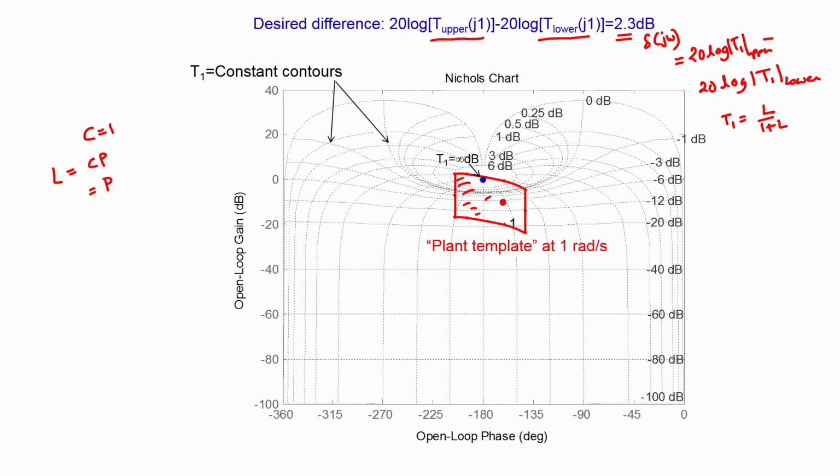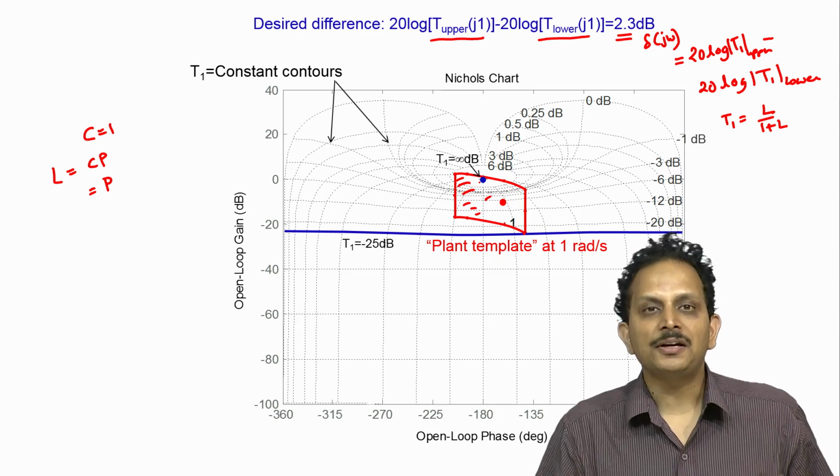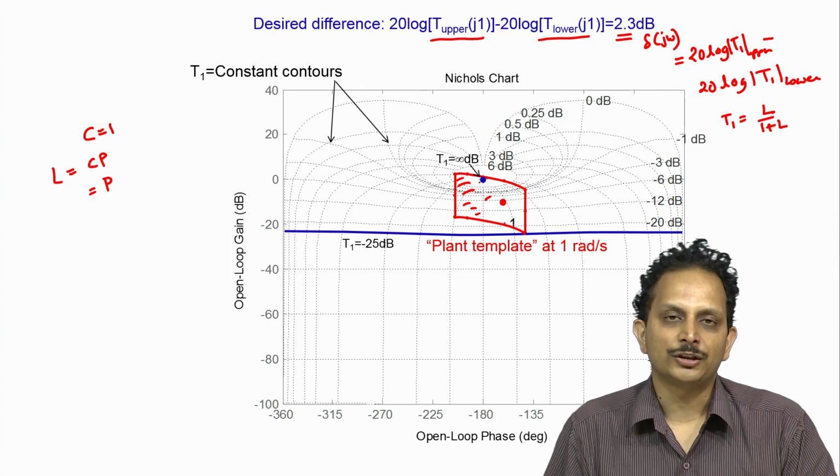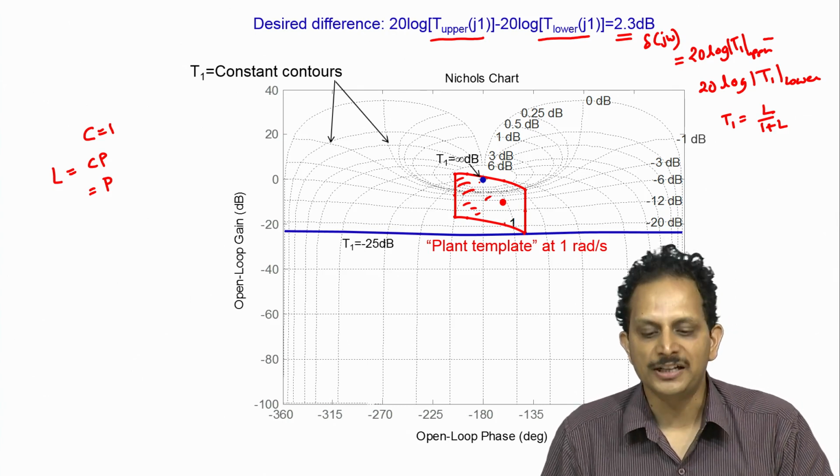In this case we discover that the minimum magnitude of T1 is minus 25 dB, at the right extreme corner of the plant template, and the maximum magnitude occurs inside the plant template, because the plant template encloses the point 0 dB, minus 180 degrees, in other words the critical point, and at the critical point the transmission function assumes a value of infinity dB.